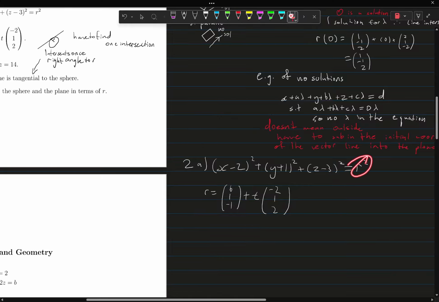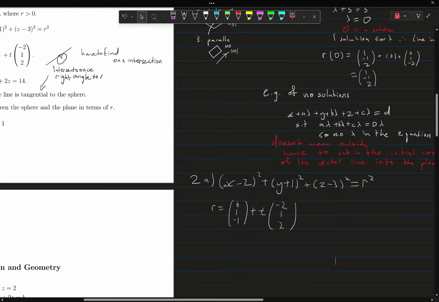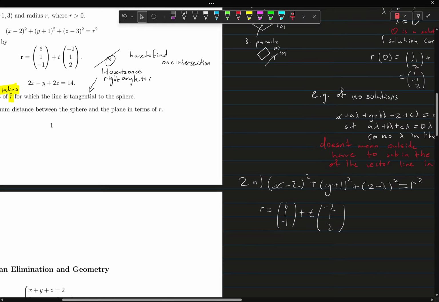We have the r and then we have the t. So it makes it tricky to find the values of 1 when we only have 2 unknowns. Do we need to convert the line into Cartesian, maybe? Yeah, but if we convert the line into Cartesian, we'll still have x, y, z all in terms of t.